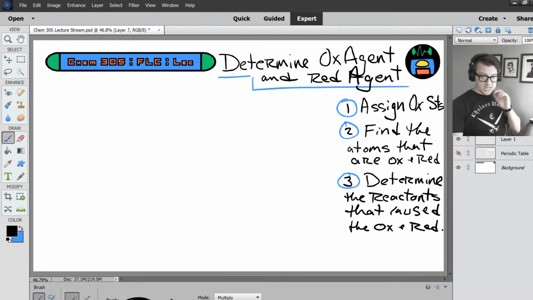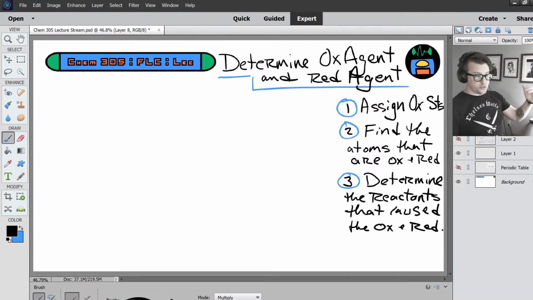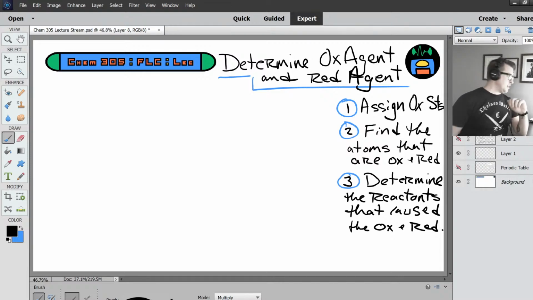All right, so that is your three-step process to doing a problem where they say determine the oxidizing agent and reducing agent. All right, so example number 1.